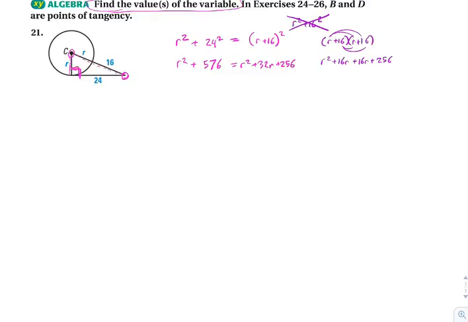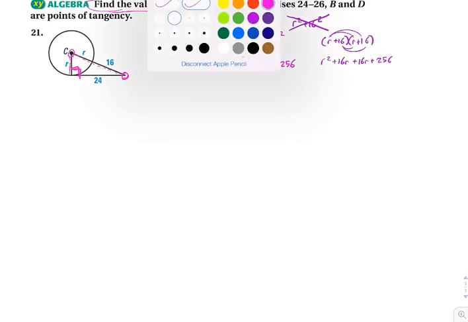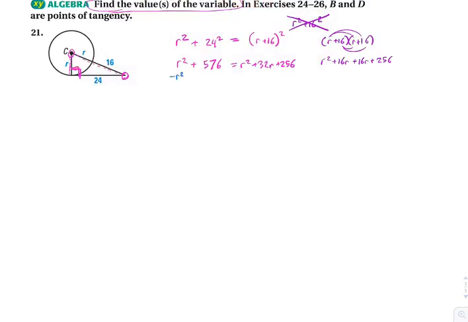So to solve a quadratic, our first step is get rid of all the parentheses, combine like terms, and then move it all to one side. Okay, so now that we've gotten rid of all of our parentheses, we've combined our like terms, let's move everything to one side. So let's just get all this stuff from the left and move it over to the right. Okay. So now what we've got is 0 equals, and oh look, there's no more r squared.